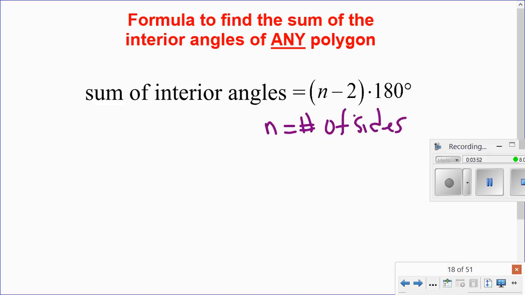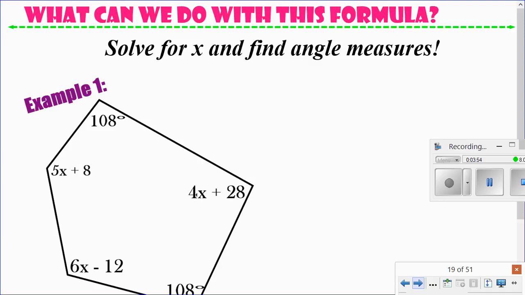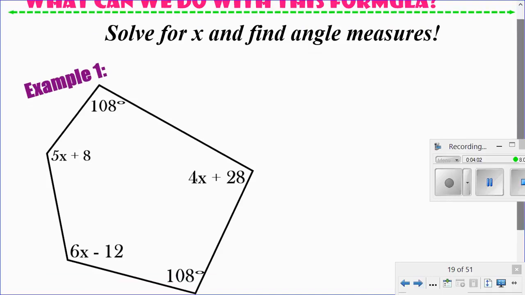Okay? So we're going to use that to figure out this problem here. So let's take a look. I see that I have 1, 2, 3, 4, 5 sides.